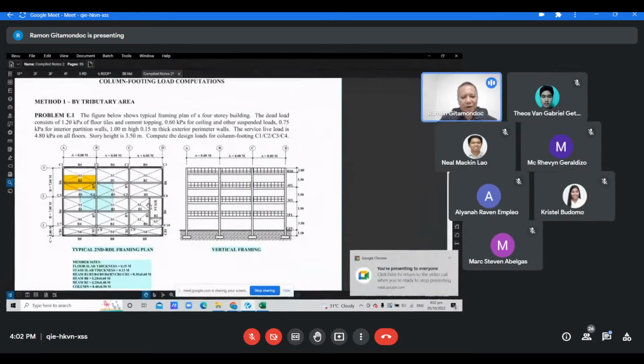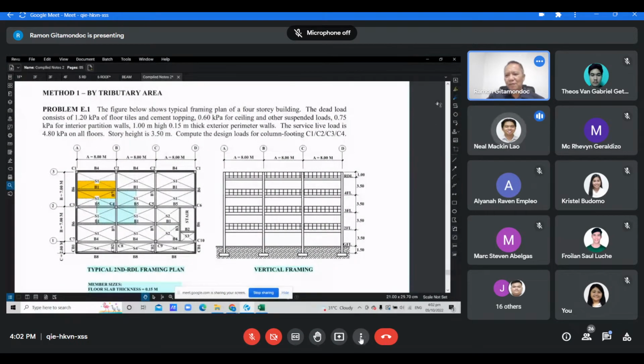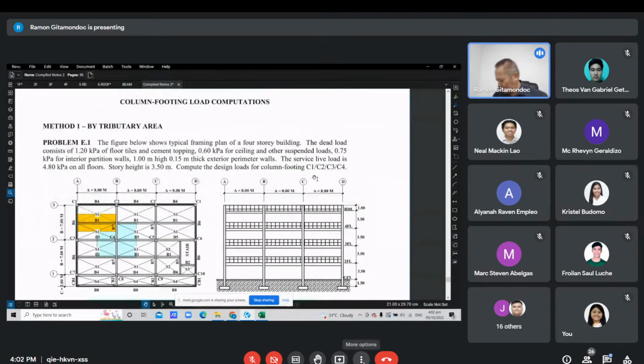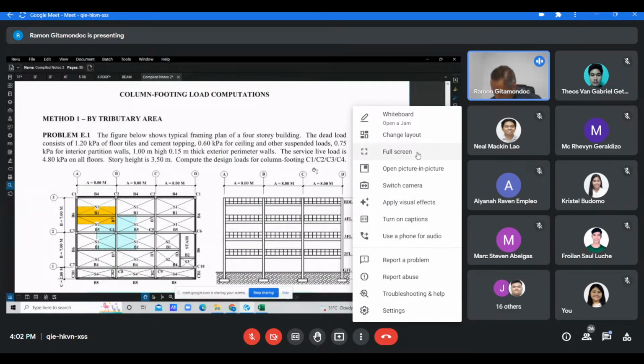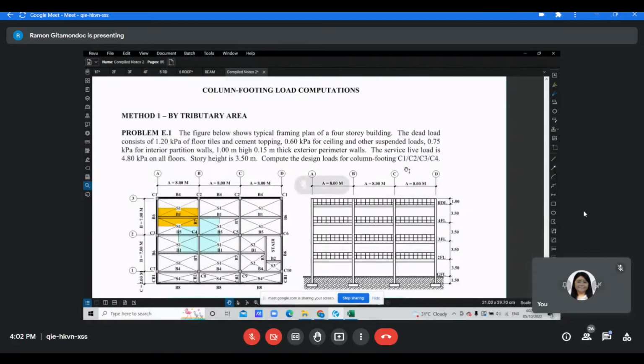Okay, so you can see the screen now. Good. So I think this is also found in your lecture notes, no? So if you have it, you can also open your notes to this page.